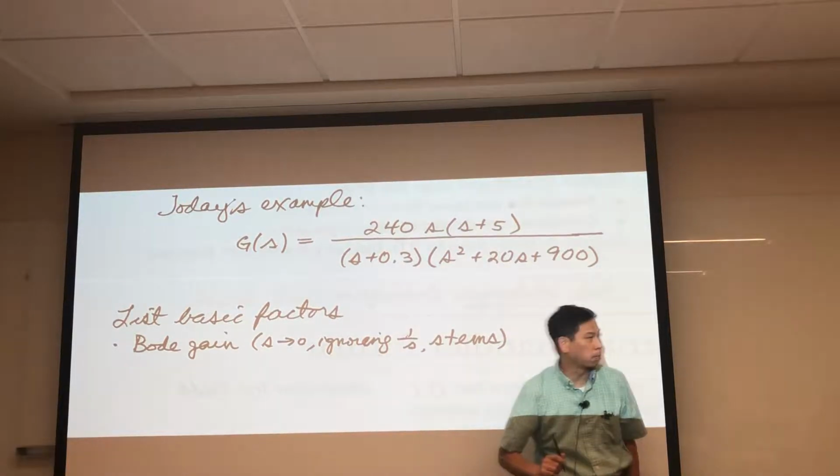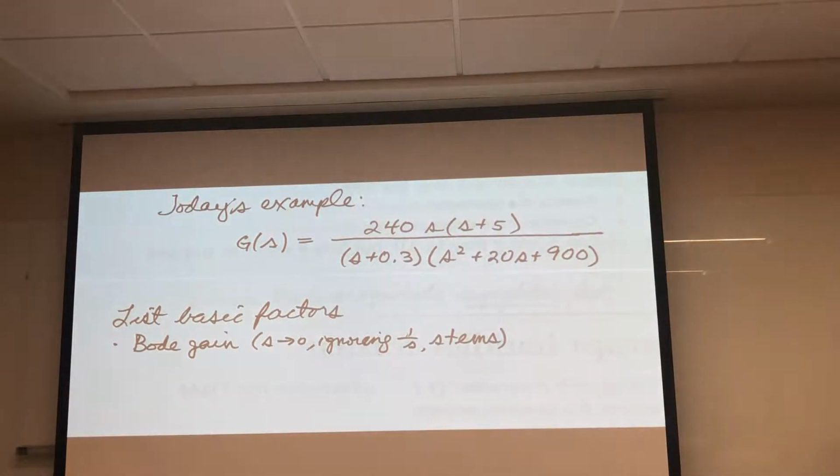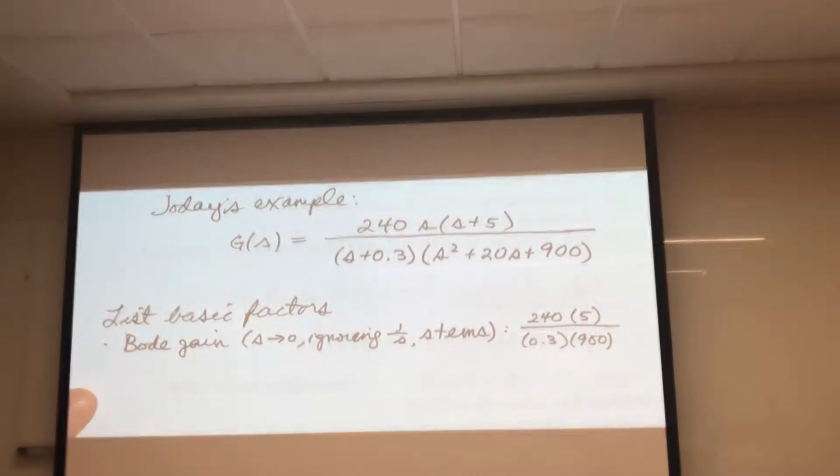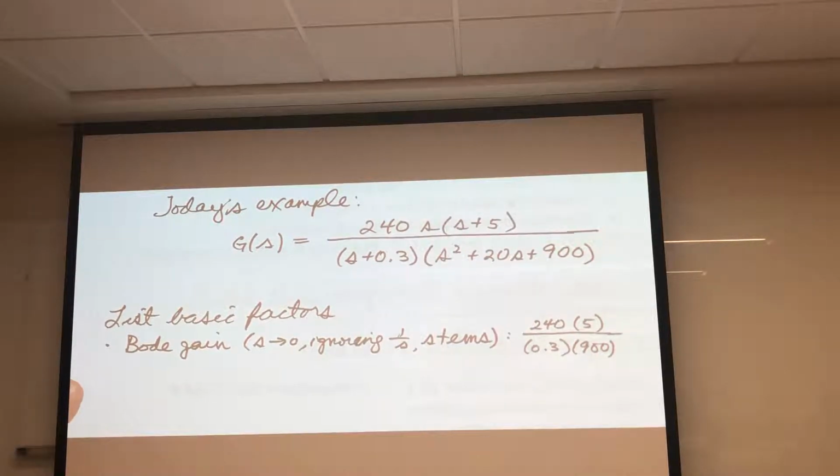So what we do is we do the Bode gain. So the Bode gain in this case, we let S go to 0 everywhere, but ignoring this term here, then we get 240 times 5 divided by 0.3 and 900. Okay, so that's the Bode gain.